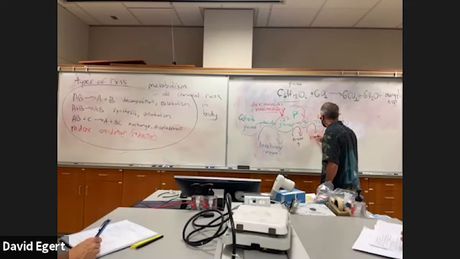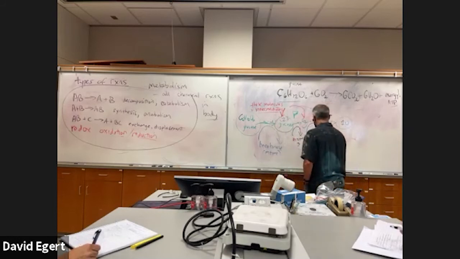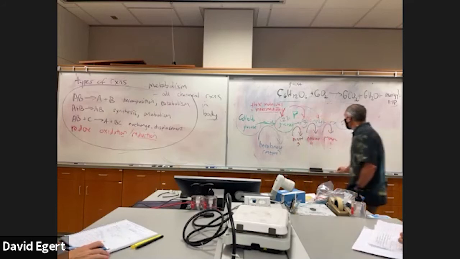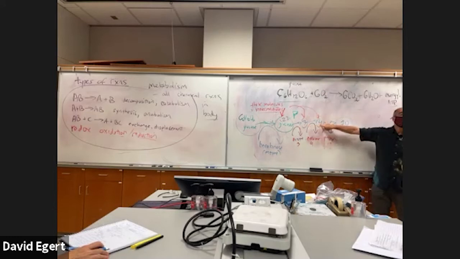Let me try to draw it better. So each step is catalyzed by an enzyme. Each step makes some new product, but that's not your final product. That we call an intermediate.